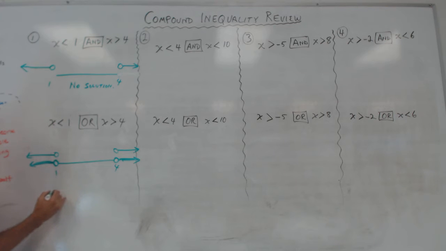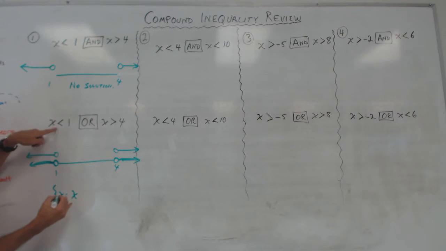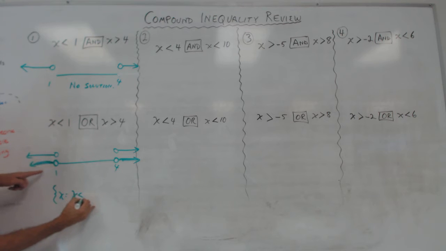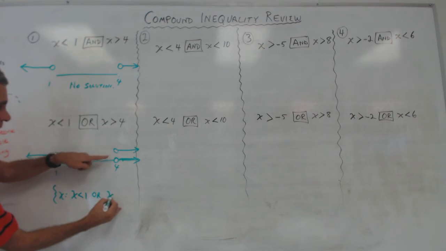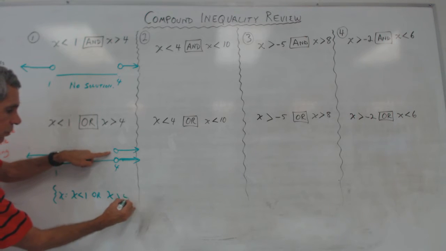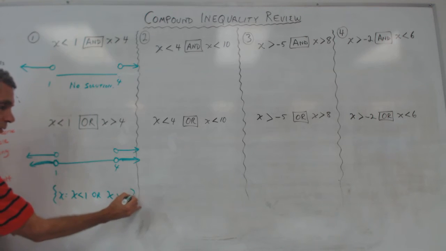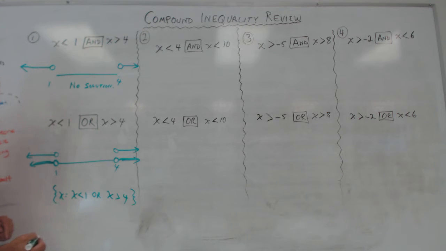So I'm going to have as my answer the set of all x's such that x, and then I basically rewrite this, is less than 1, or x is greater than 4. And then I put my brace there, and I'm done.